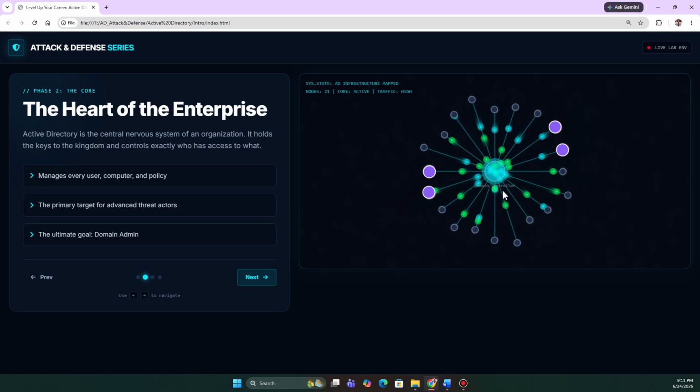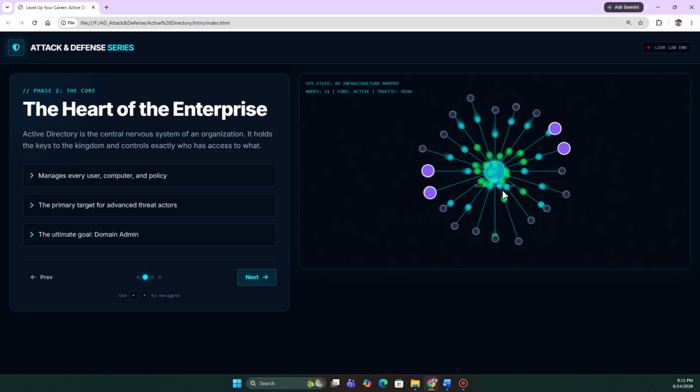Why? Because it controls exactly who has access to what, from the newest intern to the CEO. It controls everything. It manages the permissions of every shared folder, every database, and every workstation on the network. Now, because it holds so much power, it is the primary target during any major real world security event.